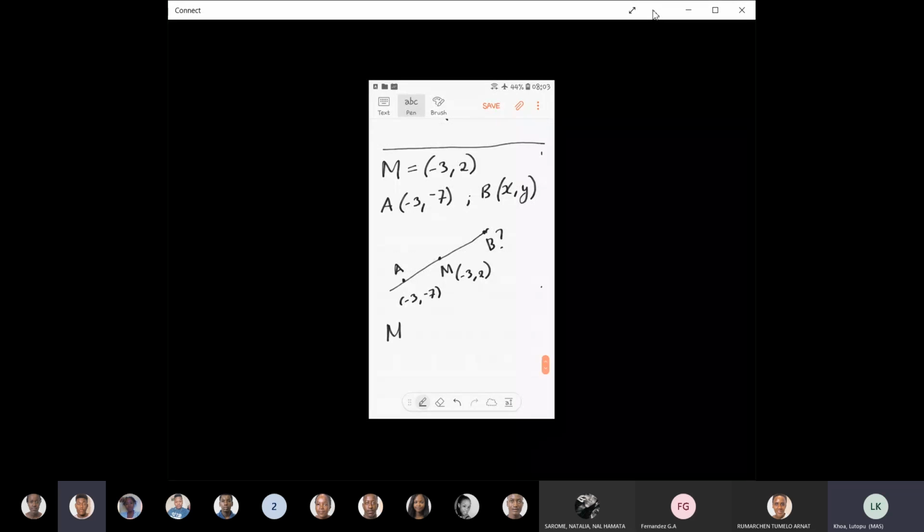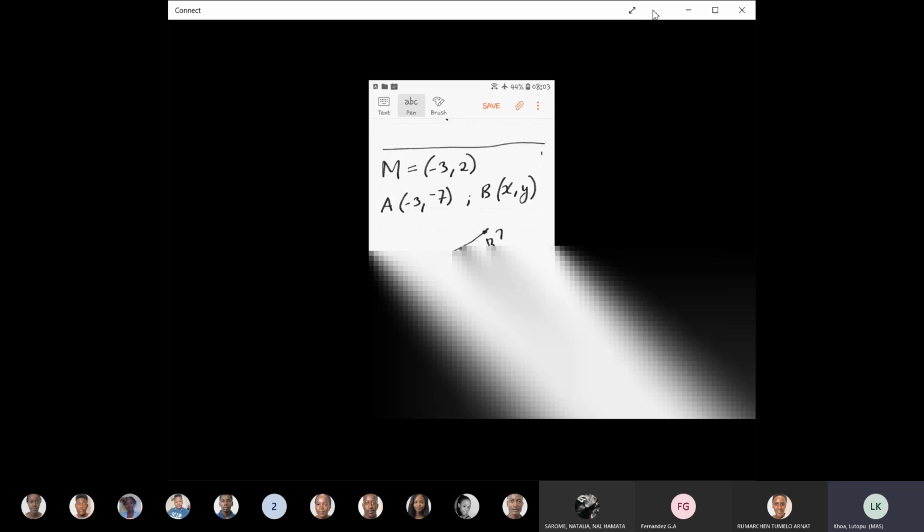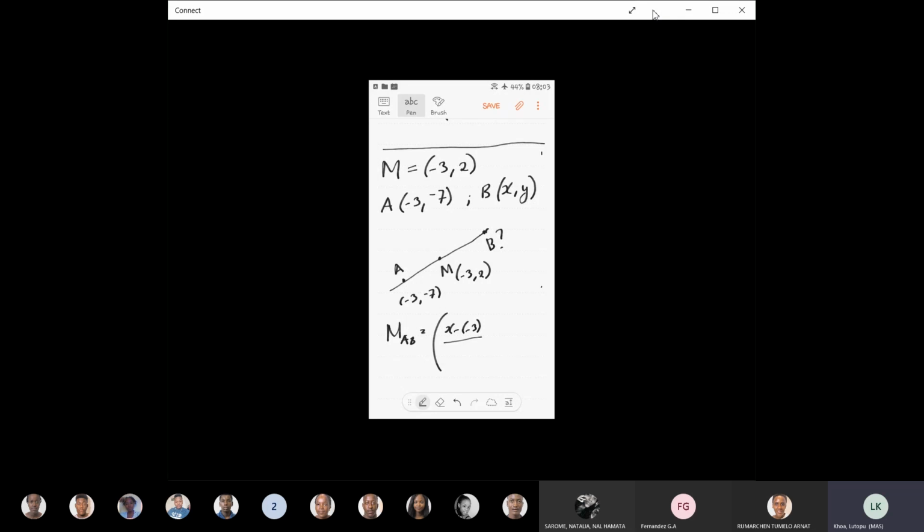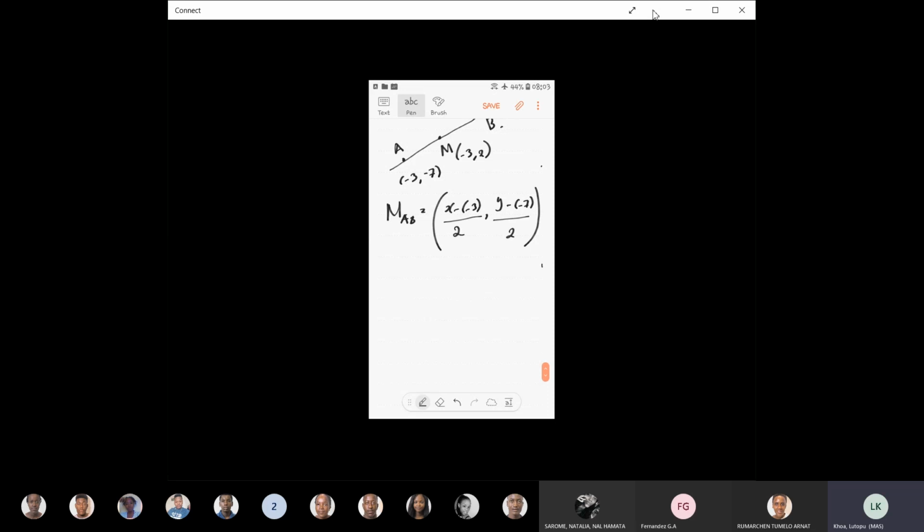So the midpoint of AB is equal to (x minus negative 3) divided by 2, and then (y minus negative 7) divided by 2, like that. And this midpoint, we already know its coordinates should be equal to (-3, 2). So both of these, that one and that one, those are midpoints. And if they're the same midpoints, then they must be equal.